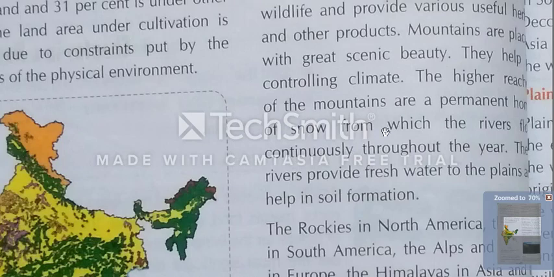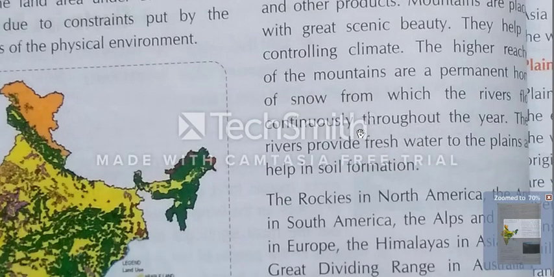What is the reason behind the water which flows in rivers? Why is it continuously running? From where is that water coming? You can see here that water comes through the mountain, because snow is permanent on the mountains, and after melting it helps in flowing the water throughout the year, not a single time, not a given time, but throughout the year.